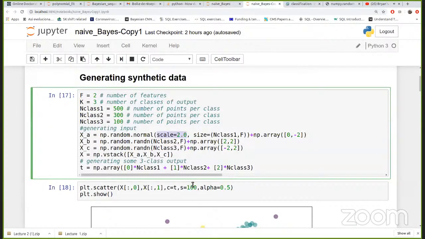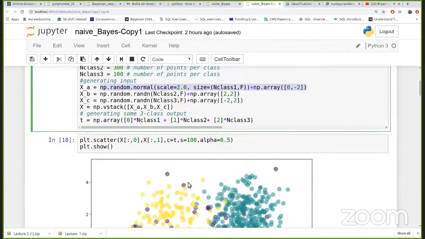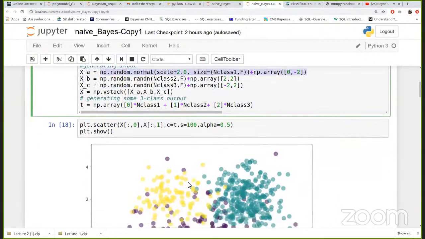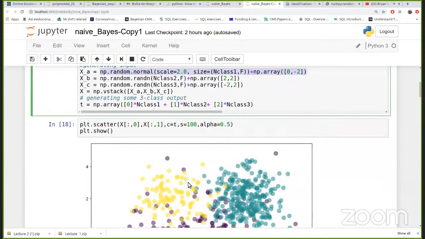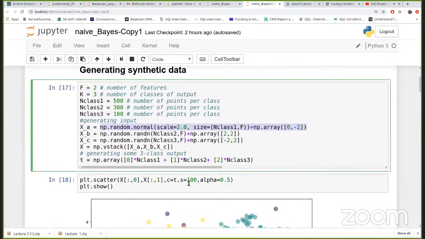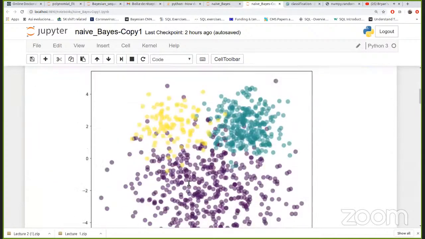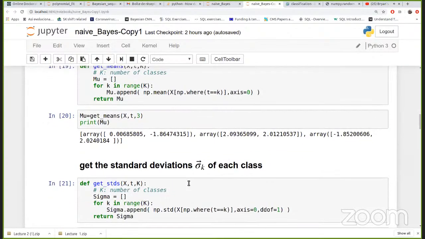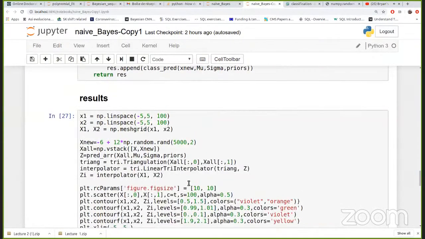I will share this notebook with you, with all the generating functions replaced by this first line, so that you can play with the scale. You can, for example, make a data set where the classes are more overlapped, try your naive Bayes on that, and draw some conclusions. So the second homework would be to play with this notebook and see the performance on different data sets.